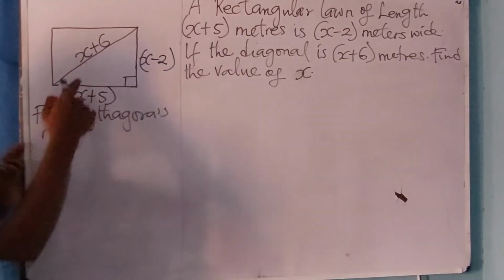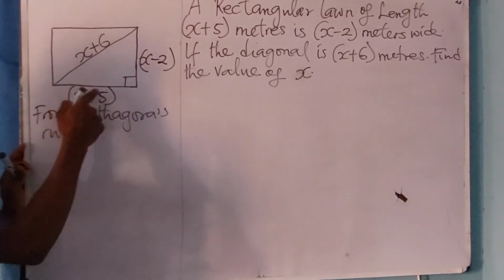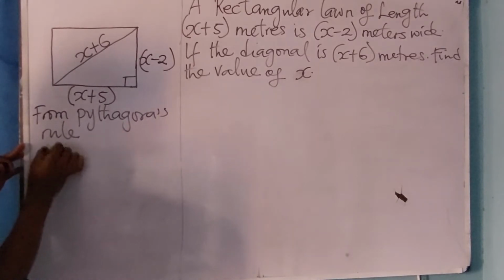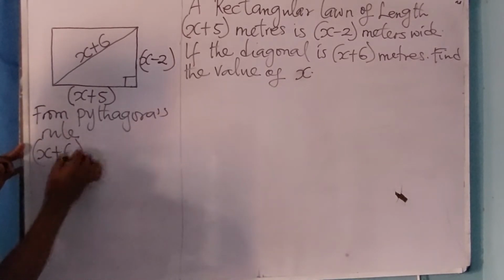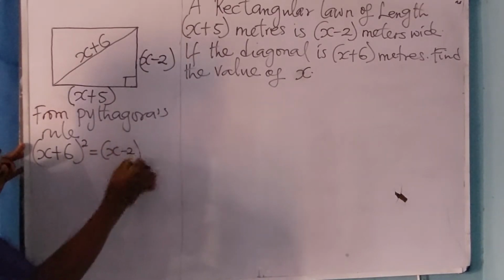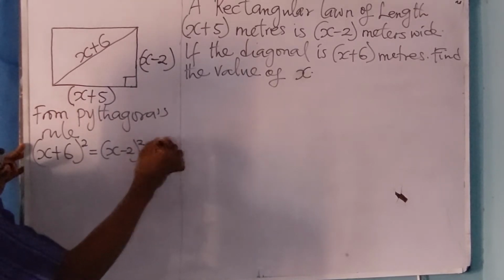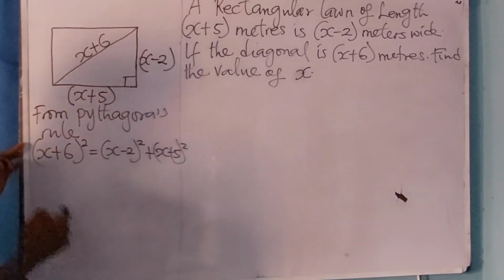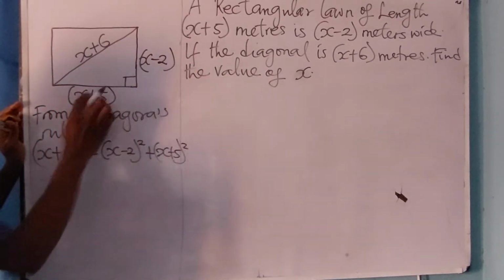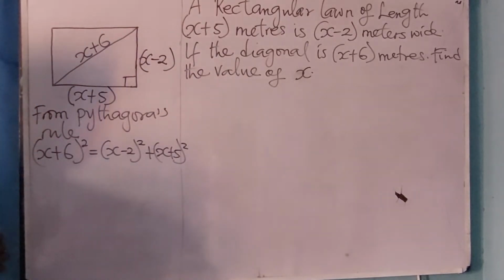This rule states that the square of the hypotenuse is the sum of the squares of the other two sides, which means (x plus 6) squared equals (x minus 2) squared plus (x plus 5) squared. So from here we'll solve.